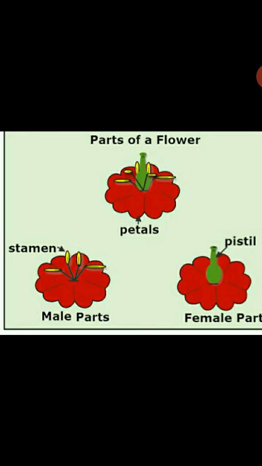Now, we come to know about the male reproductive organ and the female reproductive part. The male reproductive part is called the stamen and the female reproductive part of the plant is called the pistil. It is also called carpels.